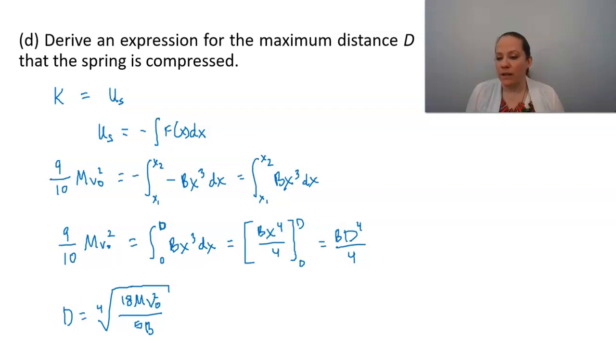So scoring, we're going to need 1 point for a correct expression of conservation of energy.